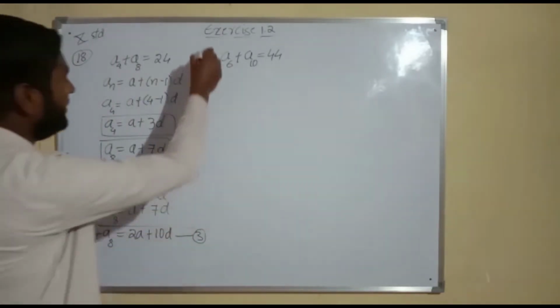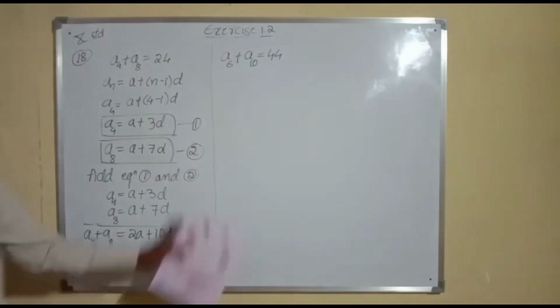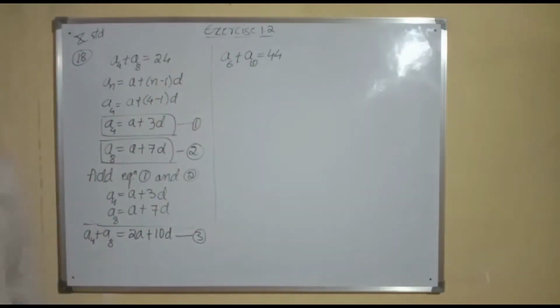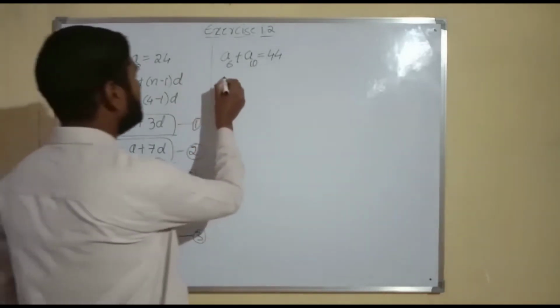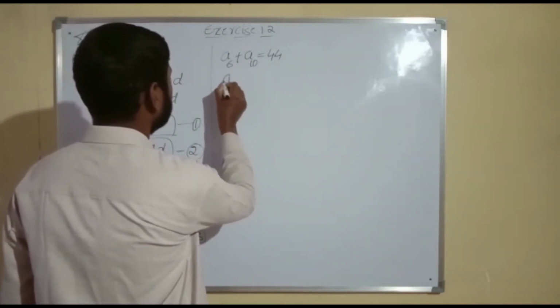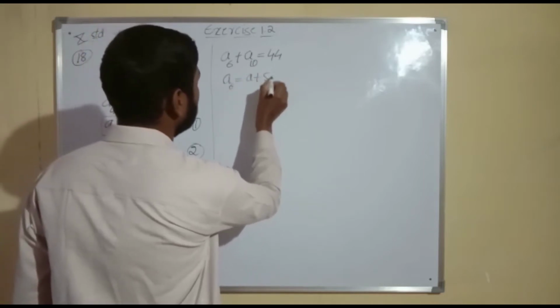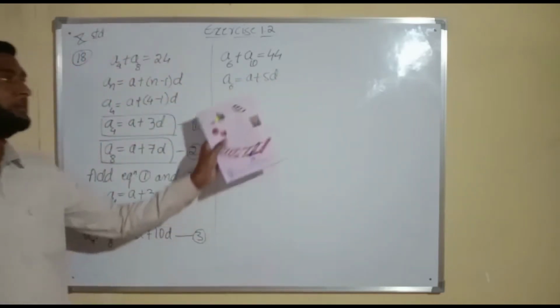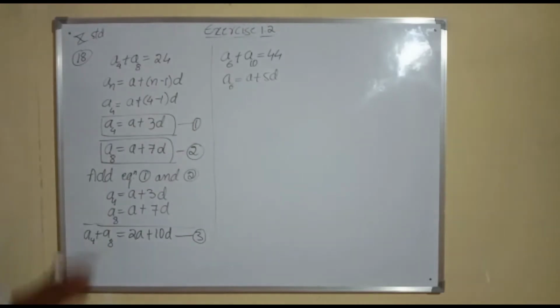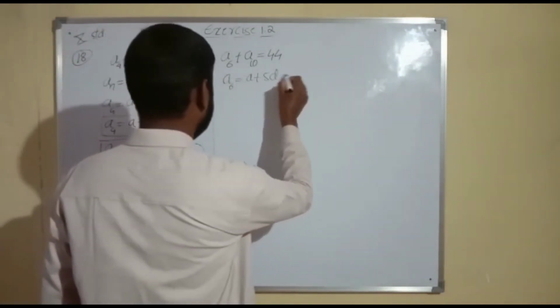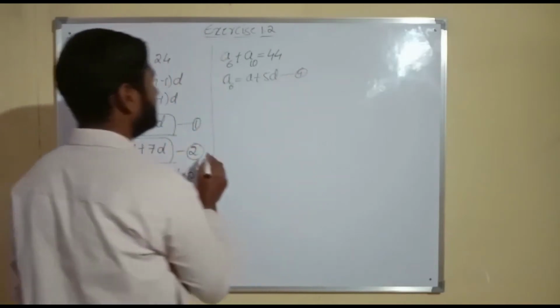On the other hand, we have the sum of the 6th and 10th terms as 44. Let me write the 6th term here. The 6th term I can write as a plus 5d, because n minus 1 into d is 6 minus 1, which is 5d. Let it be equation number 4.